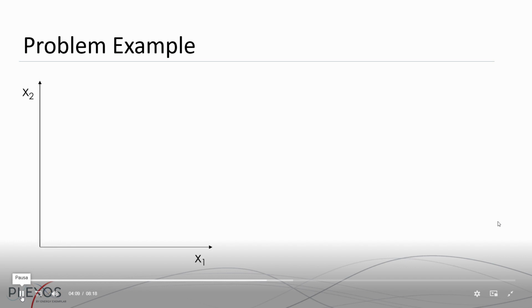Remember, our aim is to find the optimal combination of dispatch for G1 and G2. So we are looking for a place on this plot where x1 and x2 give us a feasible solution while minimizing the system costs. But we have constraints to consider. First, we have the technical constraints of the generators. Gen 1 can only operate between 0 and 200 megawatts, so now our feasible solution lies to the left of this blue line.